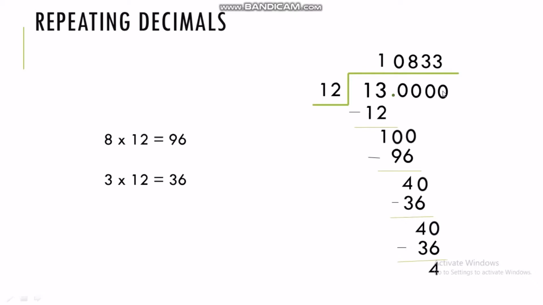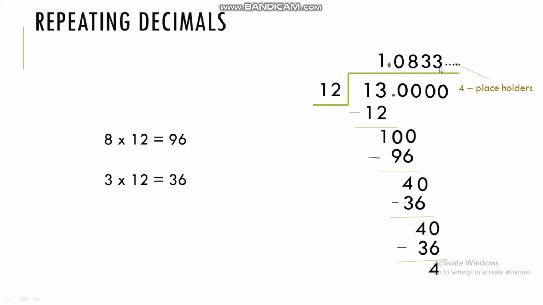So we added 4 zeros as placeholders, right? This means that we need to write the decimal point in the quotient after 4 decimal places. So the answer will be 1.0833. But this division will never end. This means that it is 1.083333333 and goes to infinity. Of course, we'll not write it like this, right?